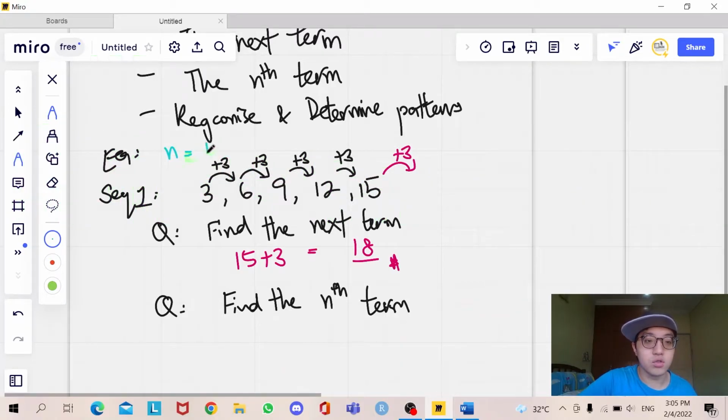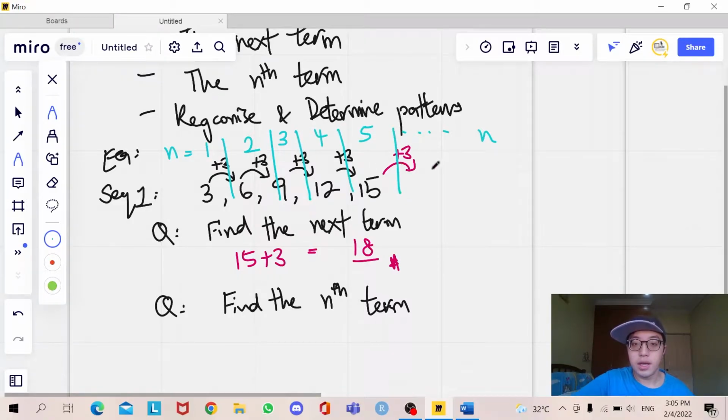So when n equals 1, n equals 2, 3, 4, 5, and so on until n equals n. When n equals 1, the sequence is equal to 3, and so on. So you are to find this nth term. How do you find the nth term?